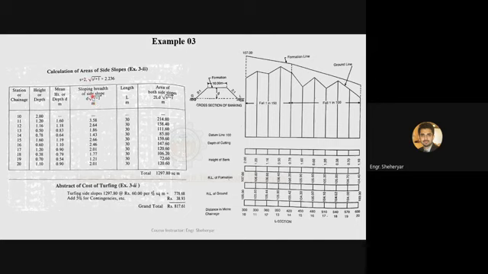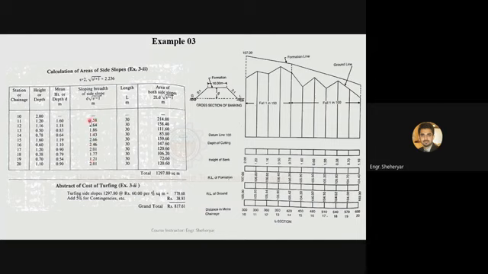S is 2, and calculate the length of the side slope, or you can say the hypotenuse. So the values of the hypotenuse at each section are given in this table. At every chainage, whatever the length or breadth of the side slope is, or you can call it the hypotenuse, you have calculated it here.